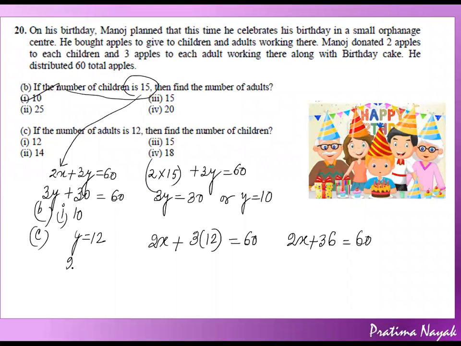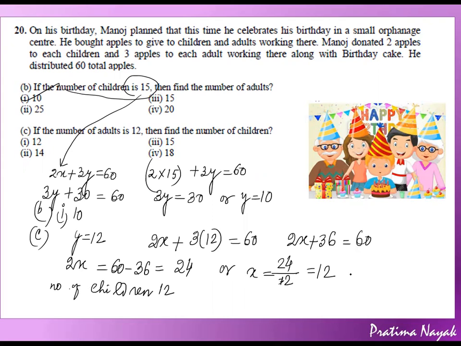So 2 times x is equal to 60 minus 36. It is equal to 24. Or x is equal to 24 divided by 2. That is equal to 12. So the number of children is 12.